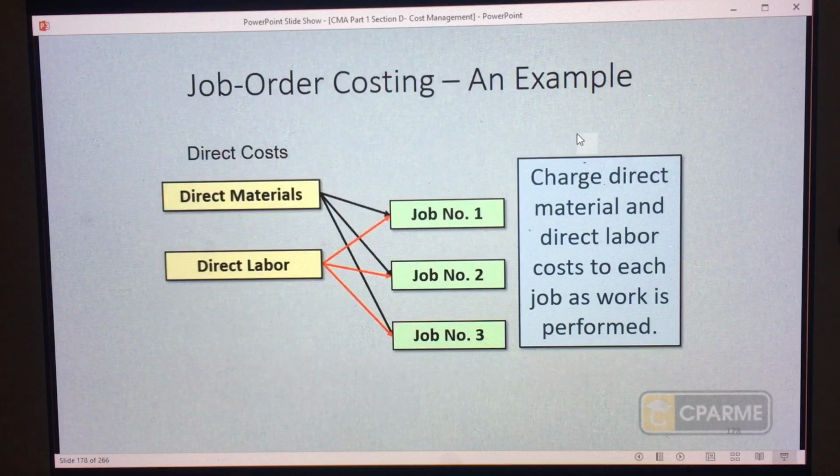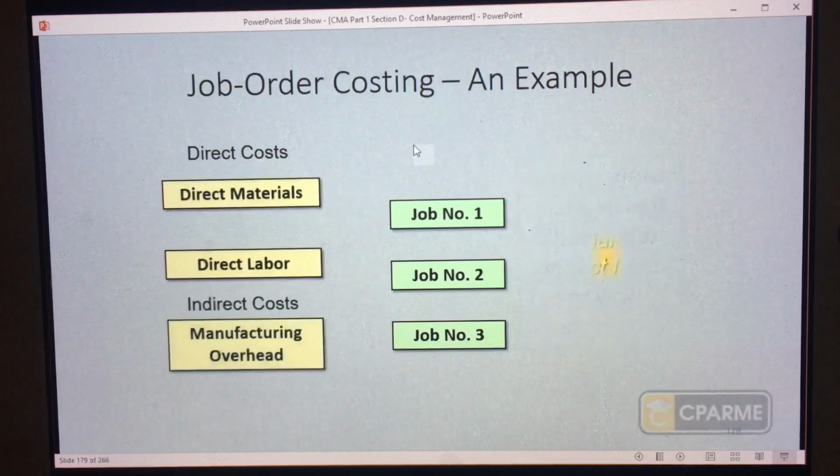Your direct materials and your labor will be charged to jobs instead of process or across cost pools. That is why here on your screens you see your direct materials and labor going to job 1, 2, and 3. You charge your direct material and labor cost to each job as the work is performed.